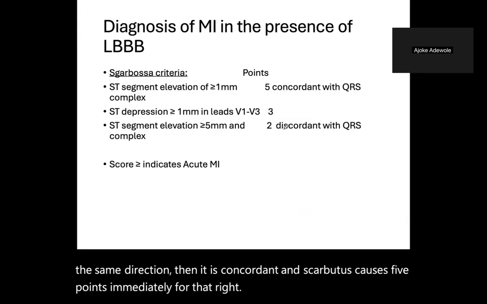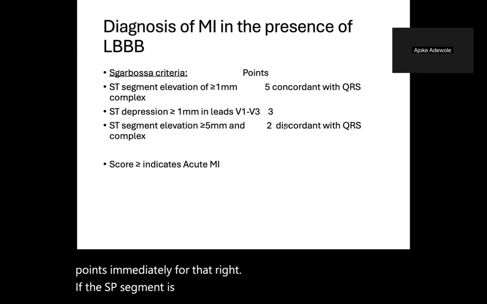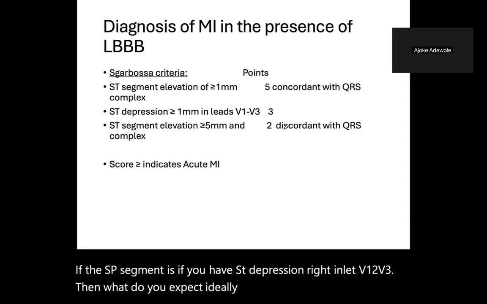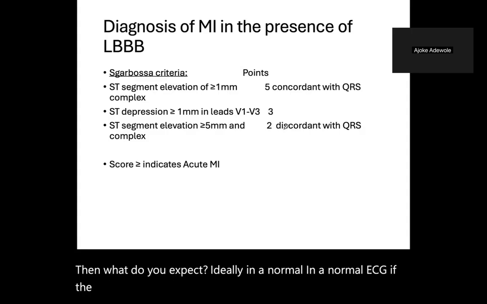If you have ST depression in V1 to V3, what do you expect ideally in a normal ECG? If they have ST depression, you expect that the QRS should be positive.